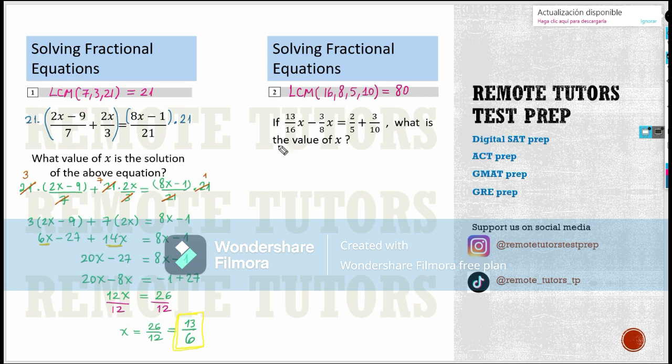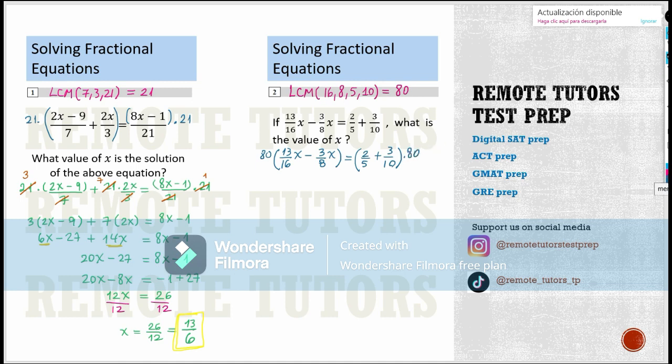Next, we multiply each side by 80. 80 times 13x divided by 16 minus 3x over 8 equals 2 over 5 plus 3 over 10, times 80.